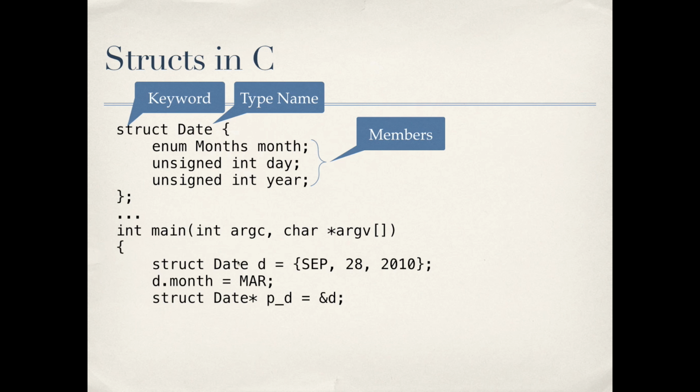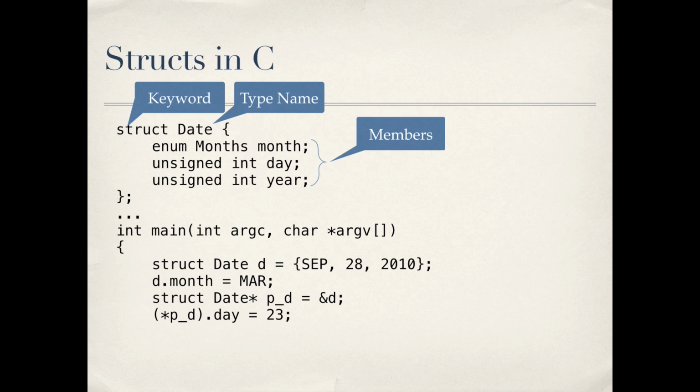We have a variable d with some value, and the compiler finds an address for this variable. We can access that address via the ampersand, and assign it to another variable, which is an address to such a struct.